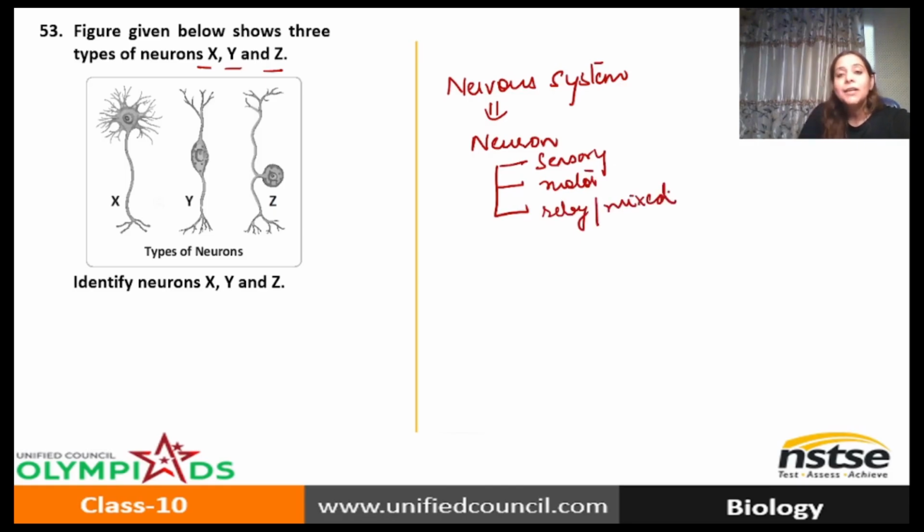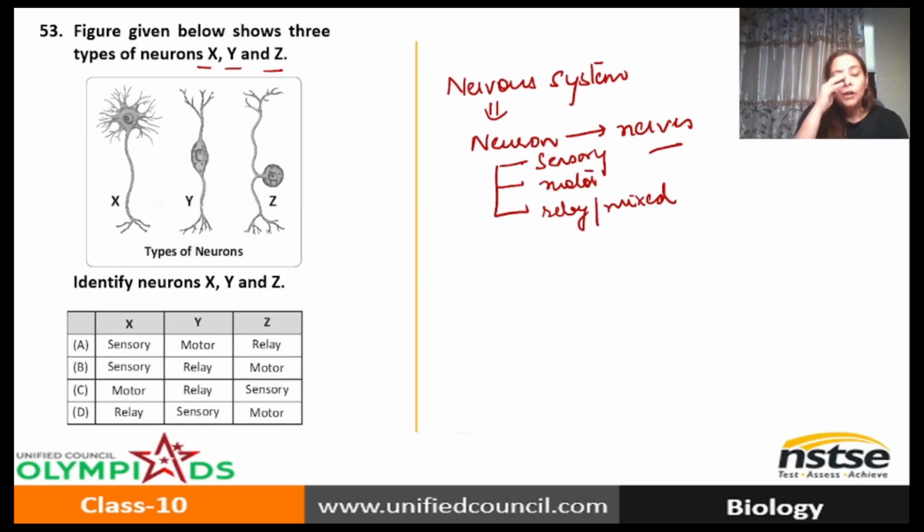Many neurons join together and they form nerves, and nerves help in carrying the message from the sense organ to the CNS, which analyzes it, and nerves again bring the response back. Now the options say X, Y, Z, and we have to identify which of them is sensory, which is motor and which is relay.